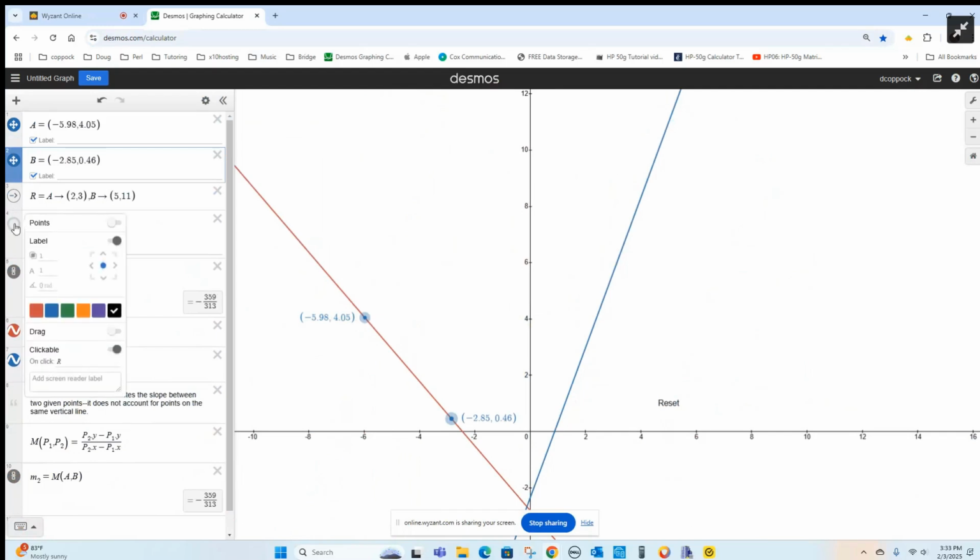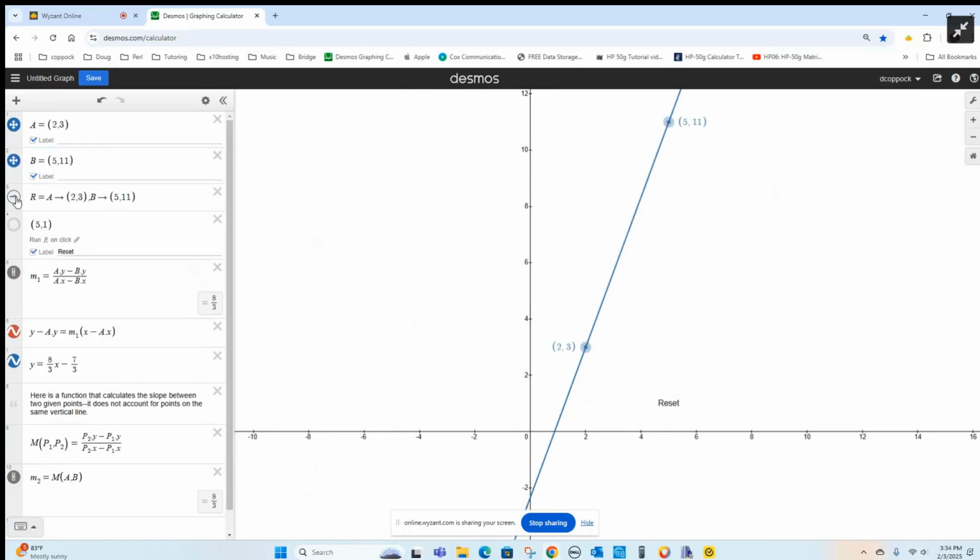That's because I created the point (5, 1) and said it was clickable. And on click, I'm going to run R. I could run R from here if I want to. And it resets points A and B to the starting points. Or I can click this button right here, reset. There you go.